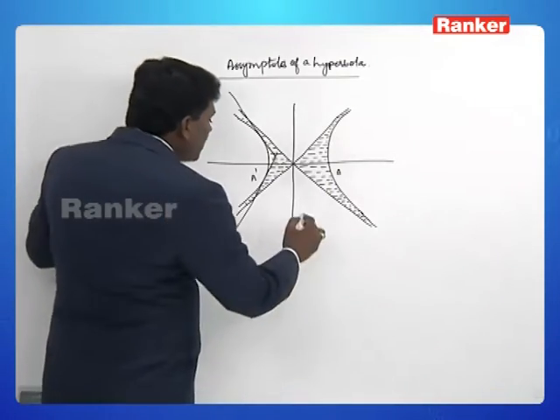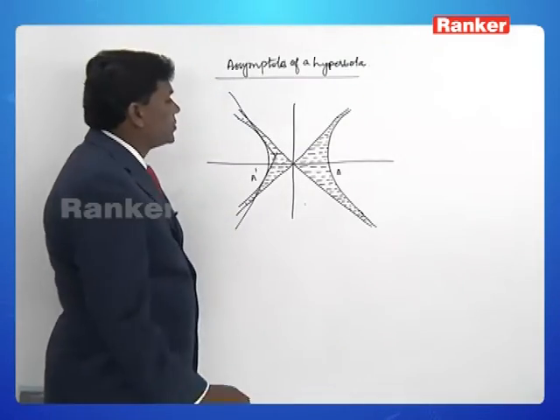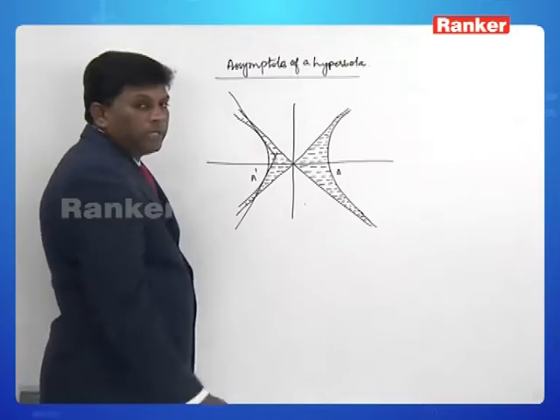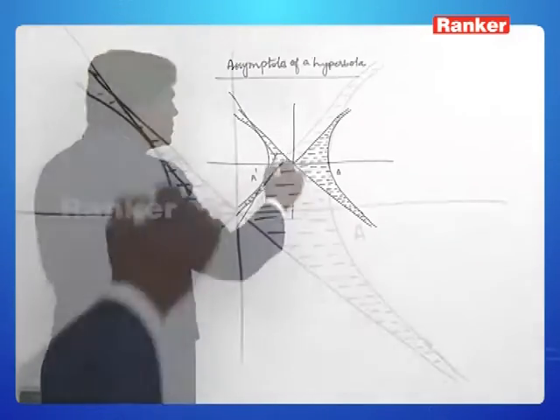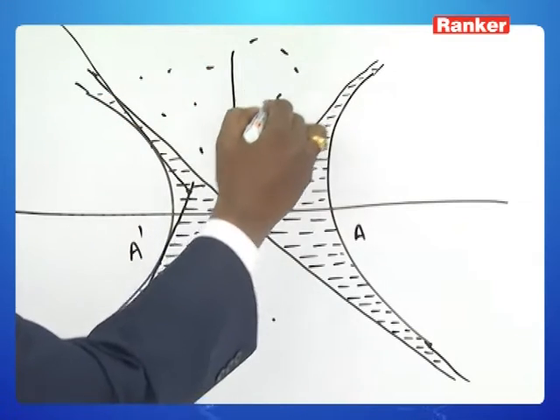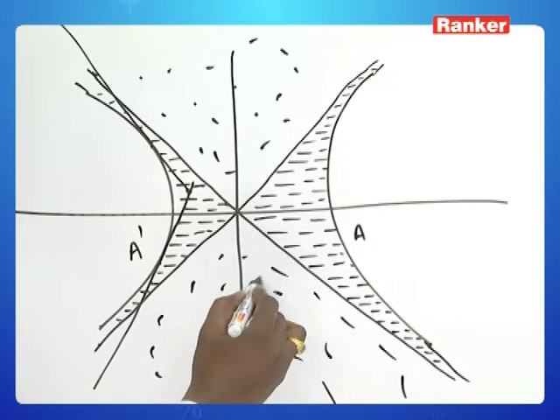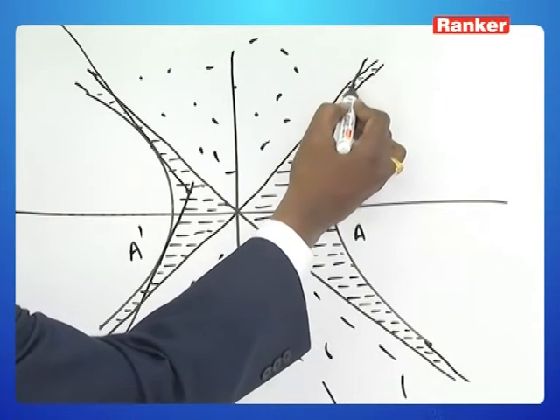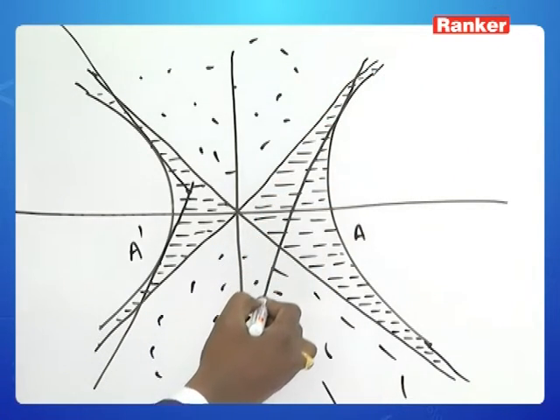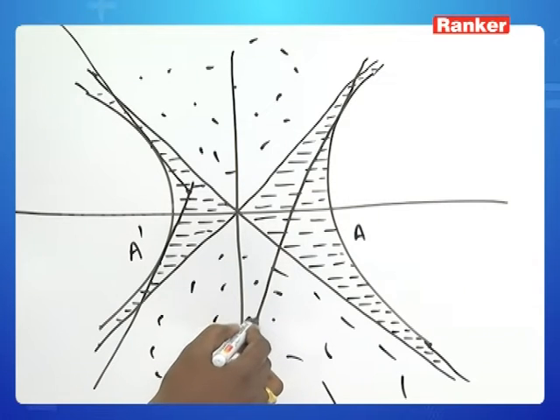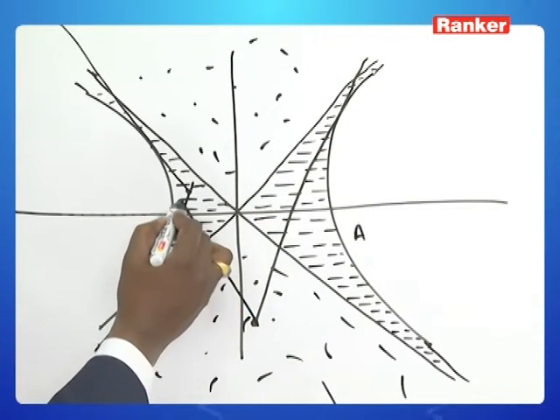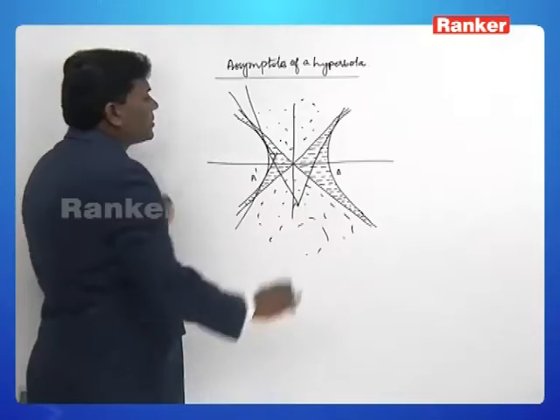Whereas if you take a point somewhere in the second zone, this complete middle part is taken as the second zone. Here, this dotted portion, anywhere if you are choosing a point in the second zone, we can draw two tangents, but if we observe, one tangent touches the right branch and the other tangent touches the second branch.